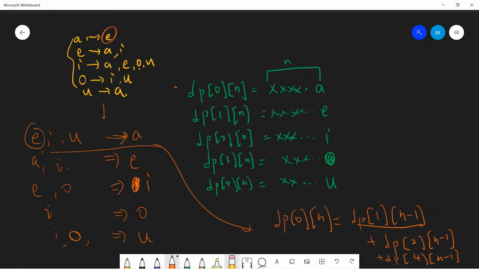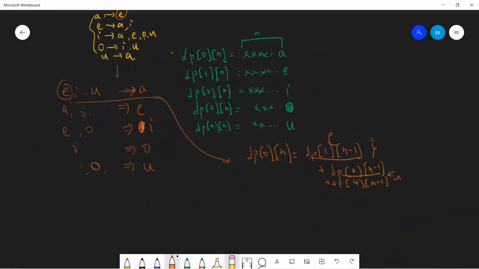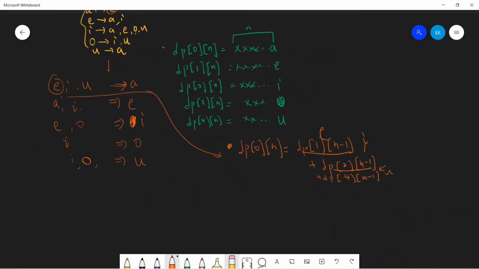This is E, this is I, this is U. What about dp1 of n? That's E, and E can come from A and I, so it's dp0 of n minus 1 plus dp2 of n minus 1.